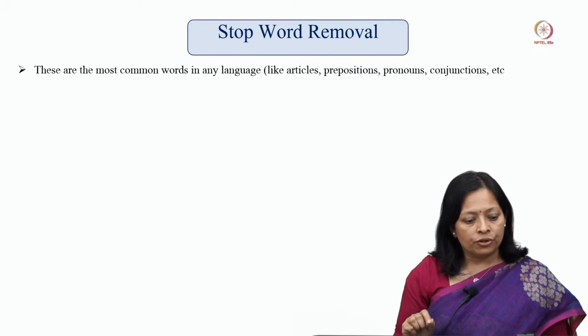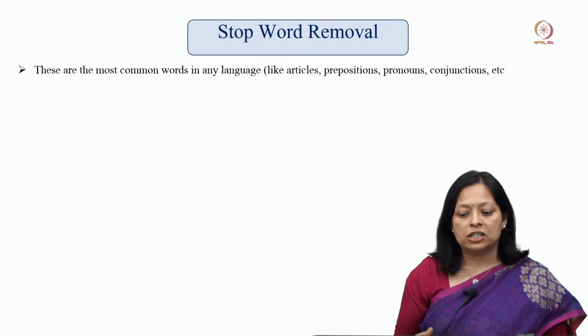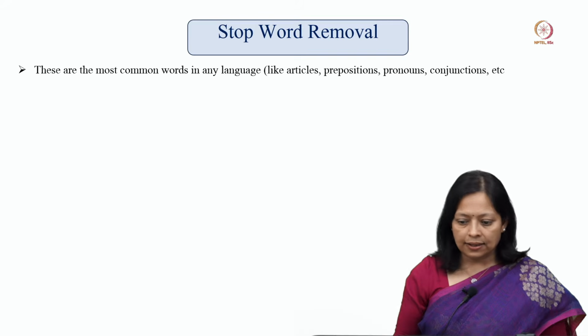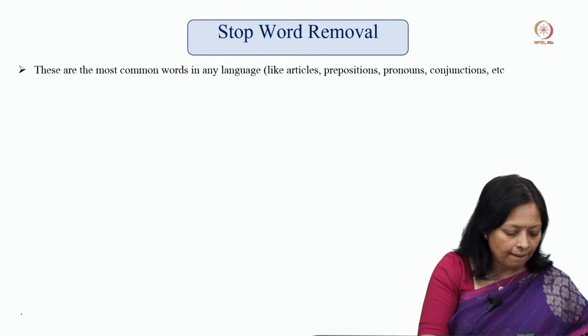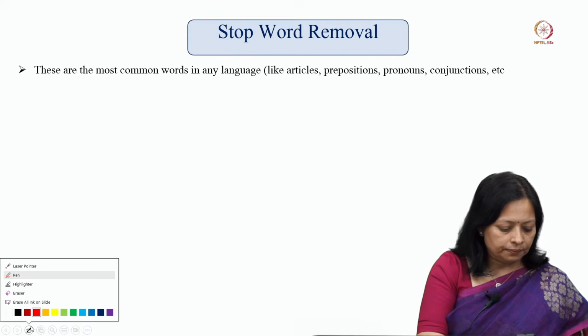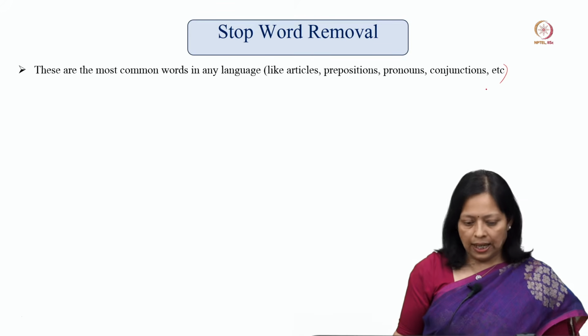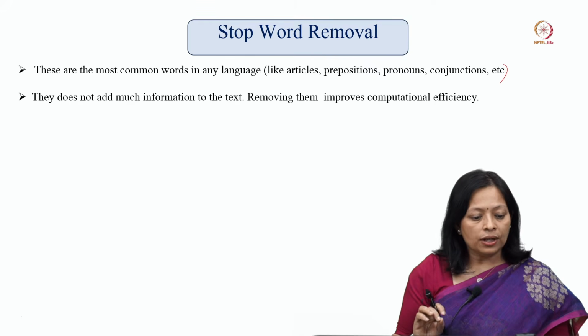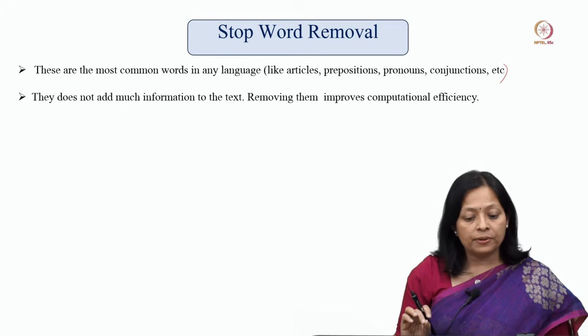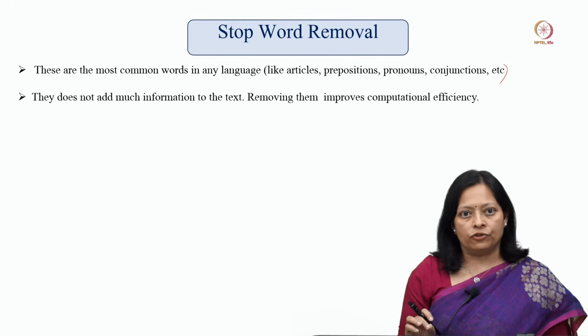Stop words are the most common words in any language, like articles, prepositions, pronouns, conjunctions, etc. They do not add any information to the text. Removing them improves computational efficiency.